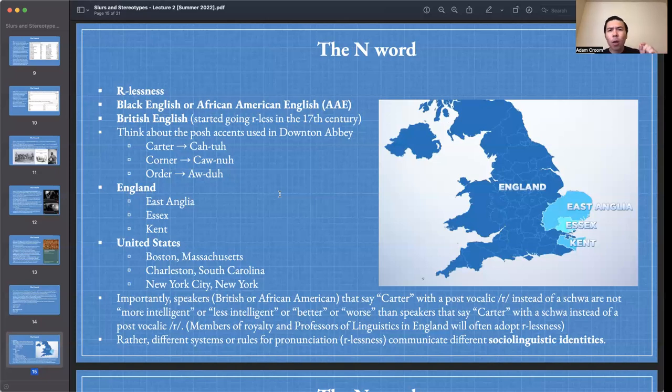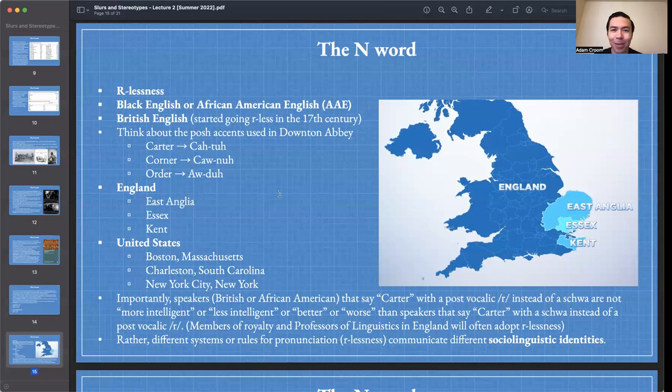So we see that although some have suggested that R-lessness is a sign of laziness or being an anti-intellectual, here we see that that can't possibly be the case, because even upper class royalty in England, as well as professors of linguistics in the UK, right, they will also use R-lessness.